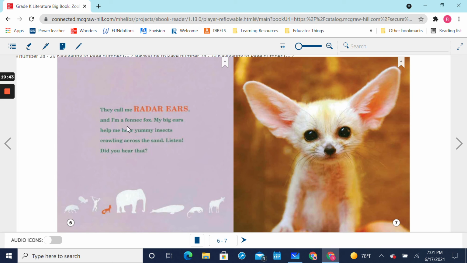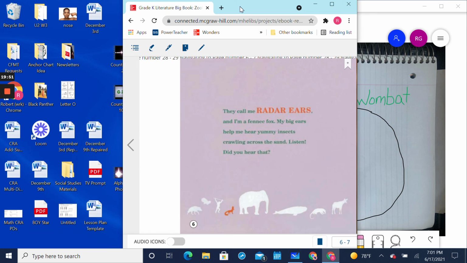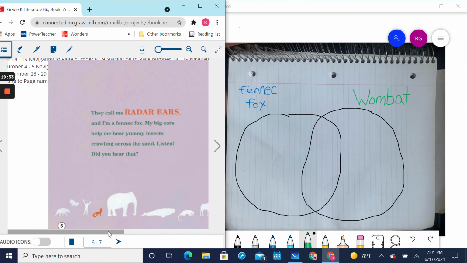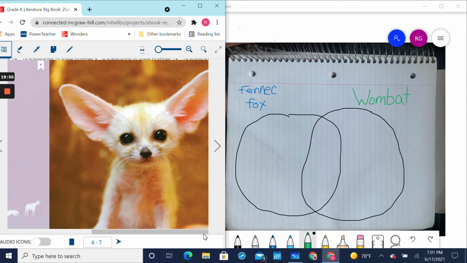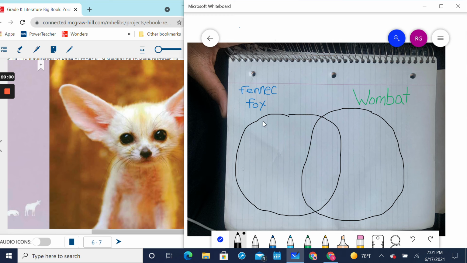So the very first thing that we can do. Sorry about that, friends. So clearly we have our picture of our fennec fox. And let's write down some things that we notice about our fennec fox. One thing that I notice is that he has big ears.